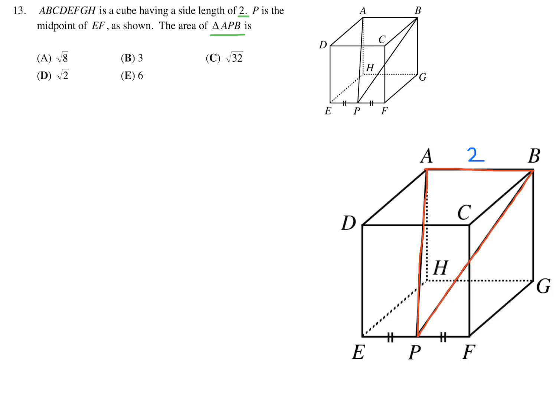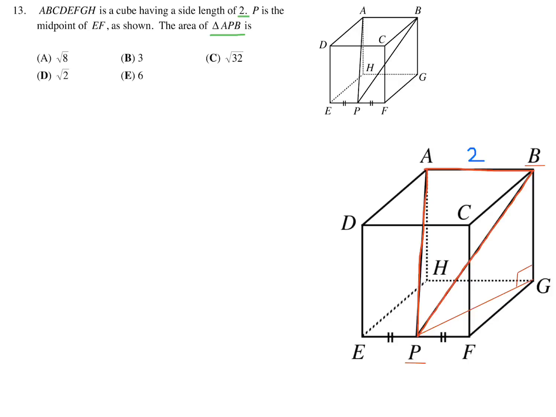So I'm first going to concentrate on PB, that side length. And if I draw a line from P to G, I can then use Pythagoras, because that will be a right triangle right there. PGB will be a right triangle. So first I need to find PG.